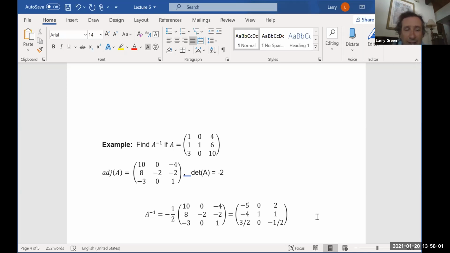Any questions on finding the inverse of this matrix? Okay, you'll notice this is very different than the other two methods. I mean, adjoining it with the identity and row reducing feels nothing like this, does it?